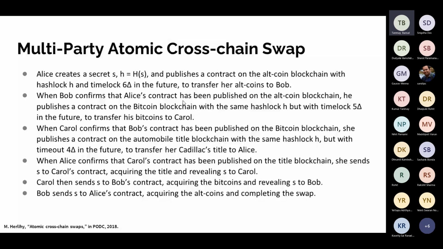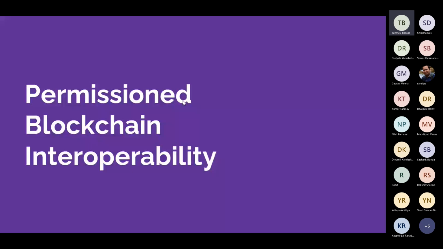So now we'll talk about permission blockchain interoperability. If you remember in our last class, we mentioned that for permissionless blockchains, which are basically based on cryptocurrencies and the movement of assets, like we saw with the title of cars and so on, it was more important that these take place atomically, and also we need to worry about exchange rates, because this is about transferring of assets.